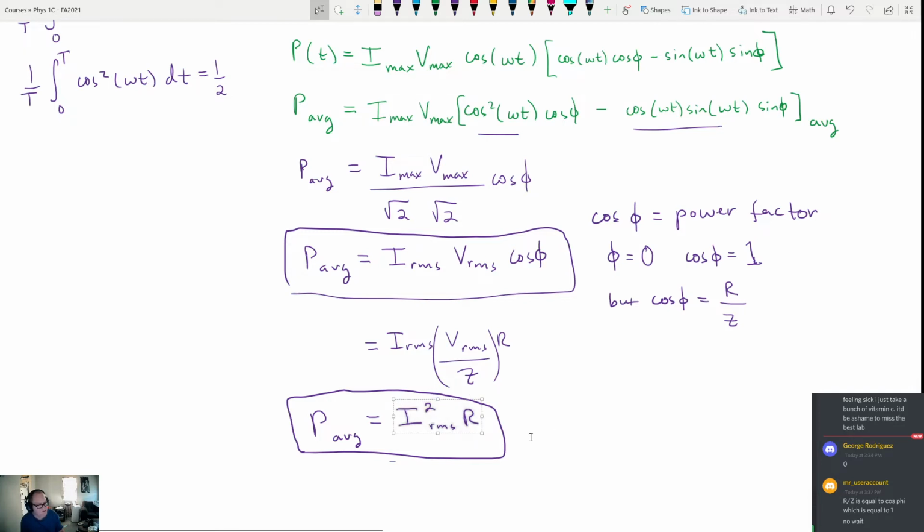Why do the inductor and the capacitor not show up here? V equal to I times Z. I'm going to write the question down.